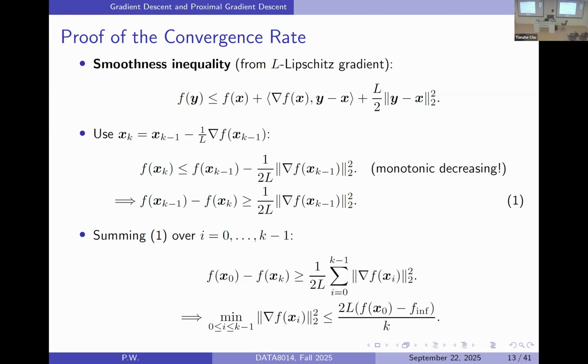That is, we get the gradient times y minus x, right? And the equation is 16.